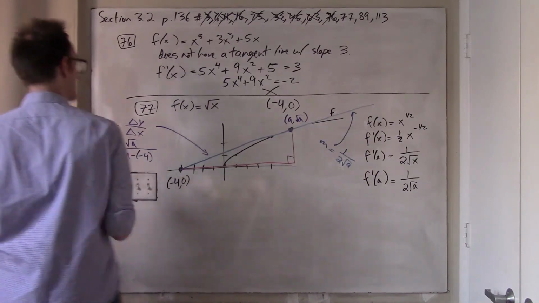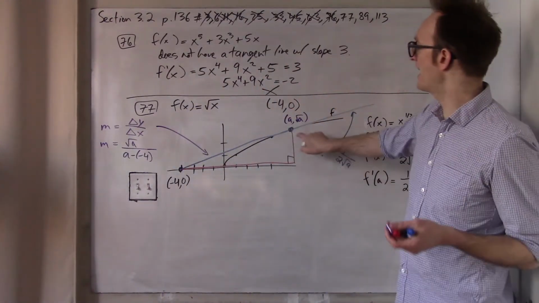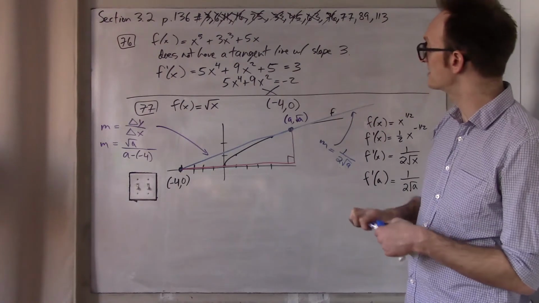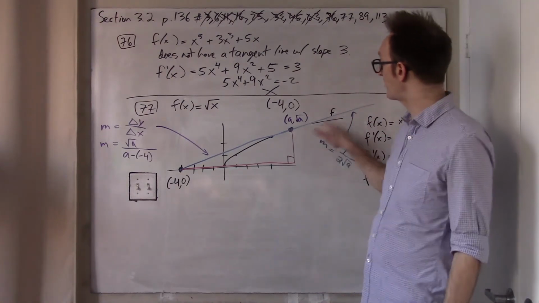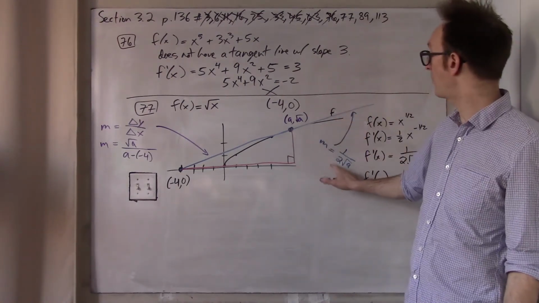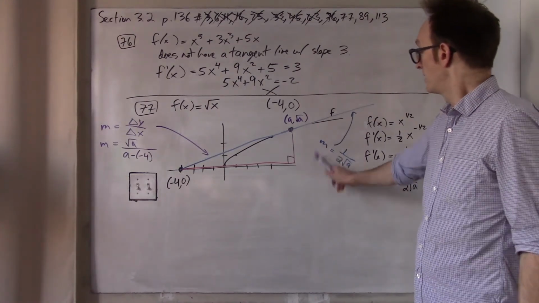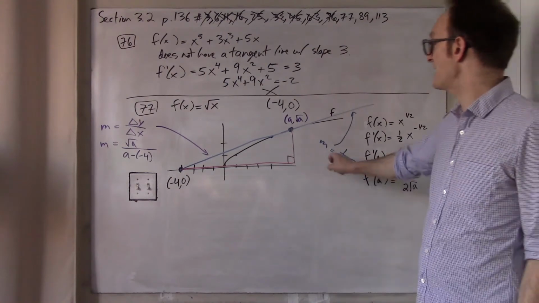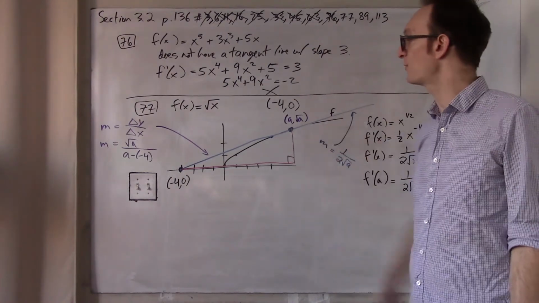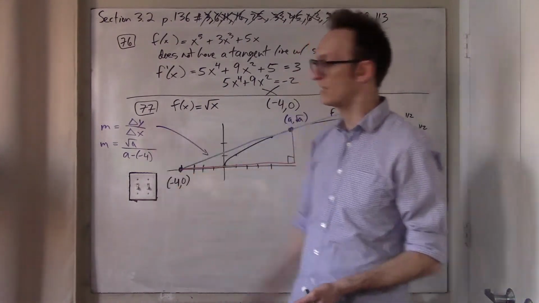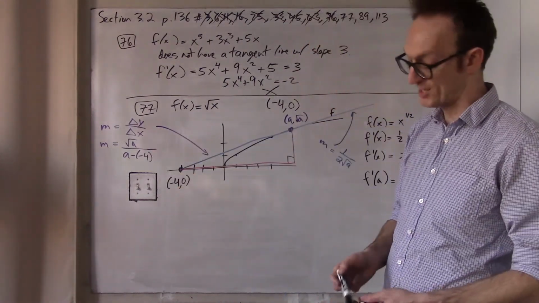If you see what's going on here, I don't know what this point is, I give it a temporary name, and I then realize that I can express the slope of this line in 2 different ways. One, using the definition of the derivative as the slope of the tangent line to the curve, but also with these 2 points the slope can be calculated using just algebra.